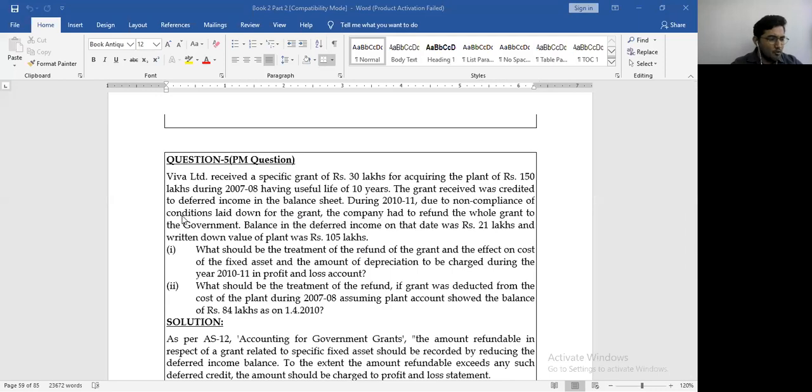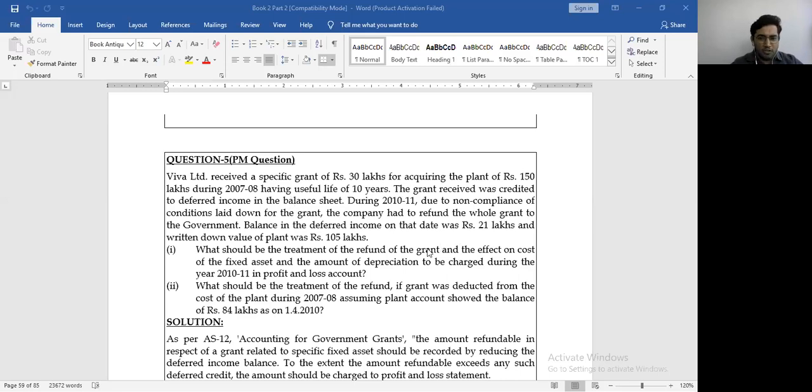Look ahead. Balance in the deferred income on that day was 21 and the written down value was 105. So they have already calculated it for you, you don't even need to find it. They have already calculated what was the value of the asset on that day and what was the balance in the deferred income account.